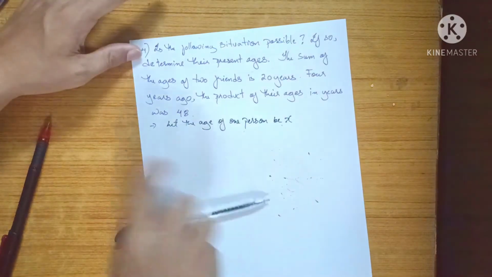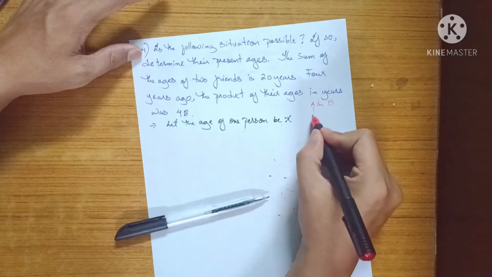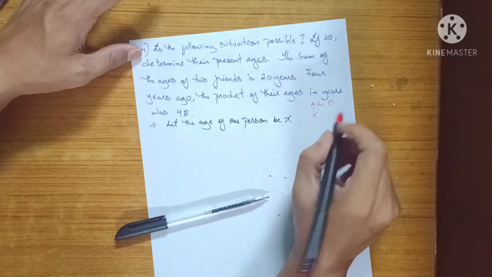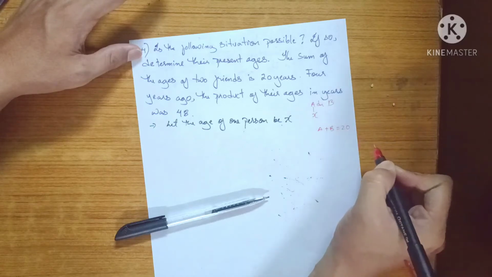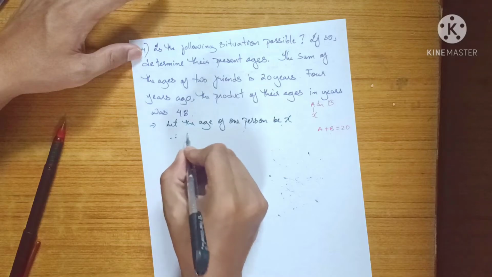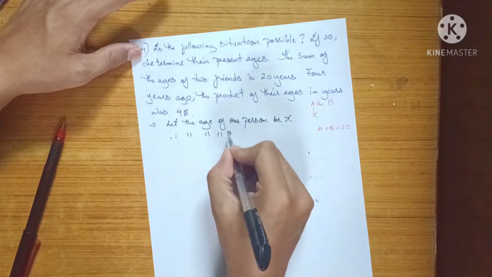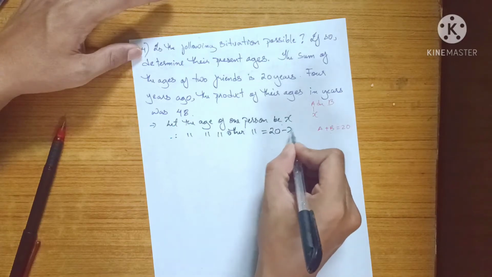There are two persons, let's say A and B. A's age we're taking as x. We know that A and B's ages together are 20. So B's age will be 20 minus x, right? Therefore the age of the other person equals 20 minus x.